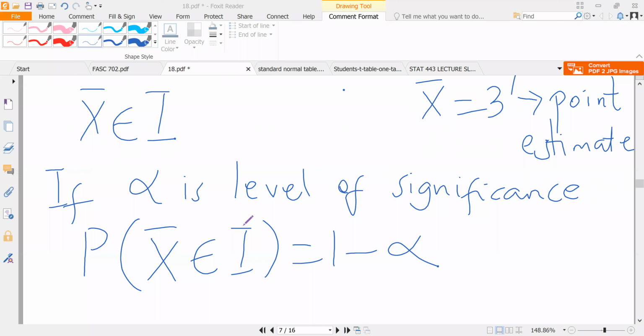And therefore, we should be confident at a particular level of significance that is expected.